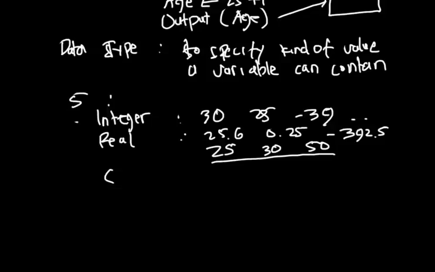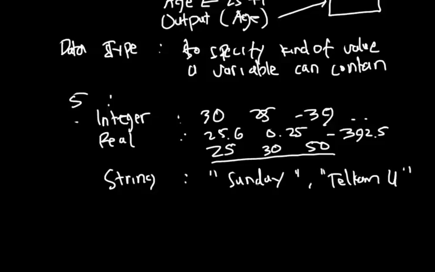The third one is string. It is for a text value. Sunday, Telkom University, so on and so on. The next thing is character. It is only for one symbol, S or, I don't know, a slash, one symbol.